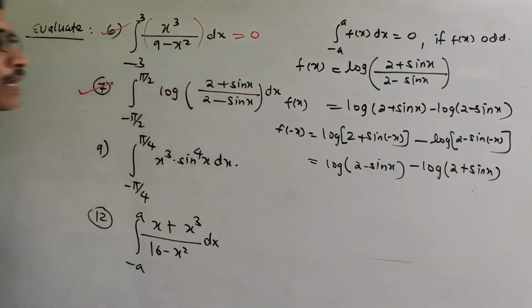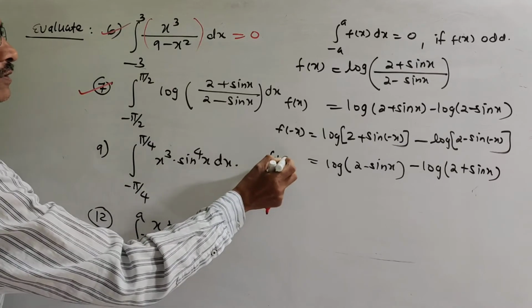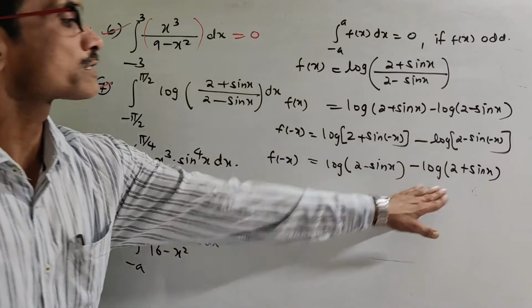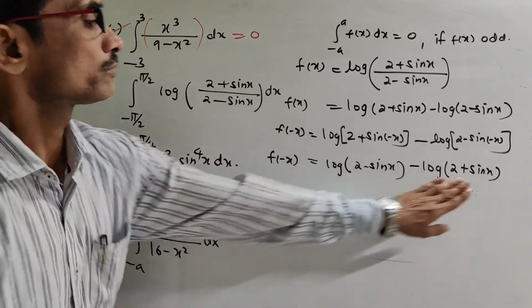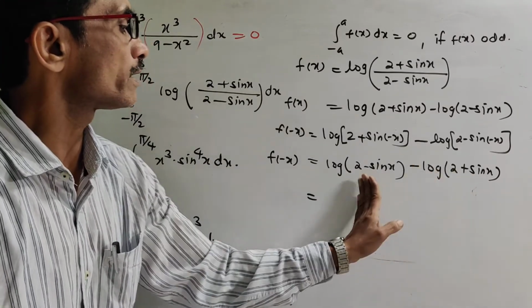So you can observe that f of minus x is equal to, now if you take minus sign common from here, this will be reversed, that this will be written first and then this.